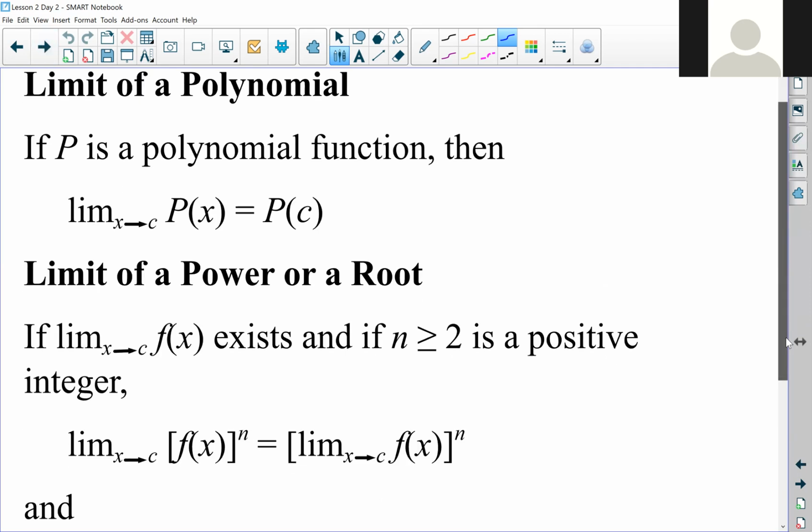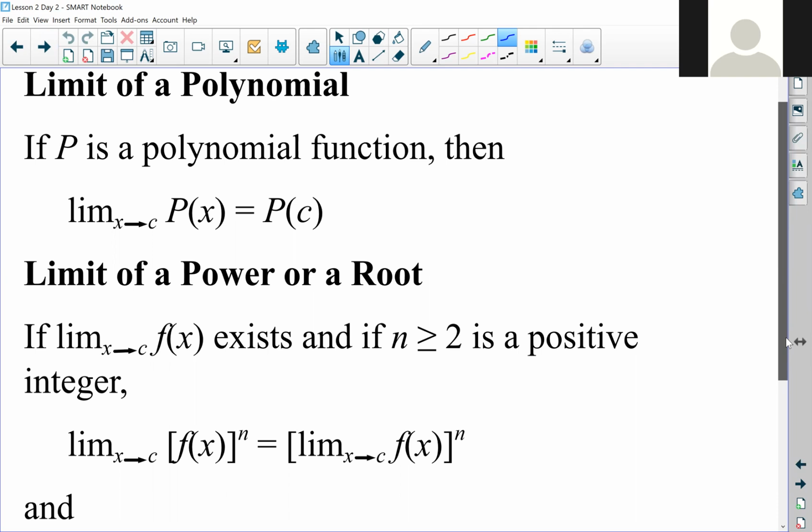With a power or a root. So if we have a limit for some function f of x, and we know it exists, it's a value.